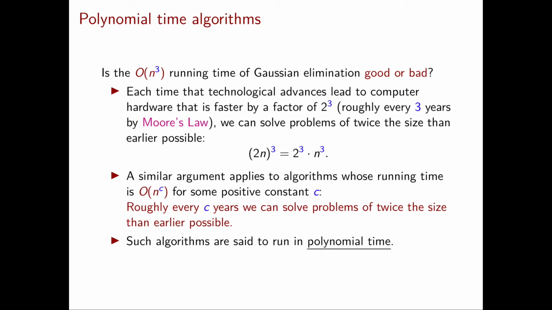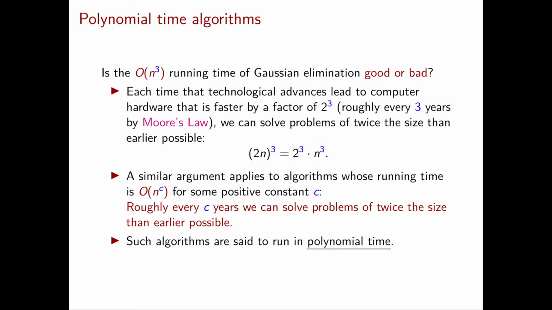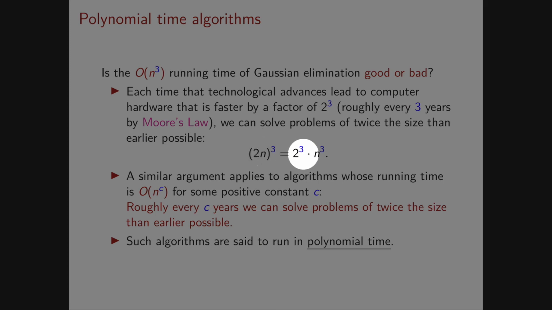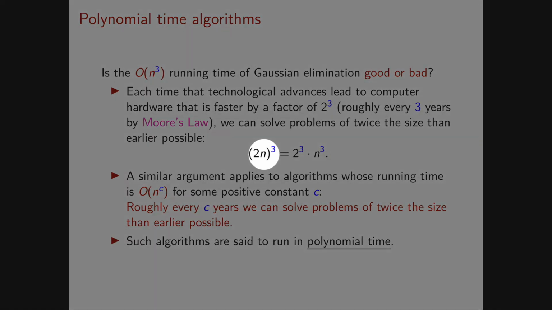This means that if you want to solve problems of double the size, you will need (2n)^3 operations. Now (2n)^3 obviously is 2^3 times n^3. This tells us that the runtime of problems of size 2n is 2^3 times the runtime to solve problems of size n.